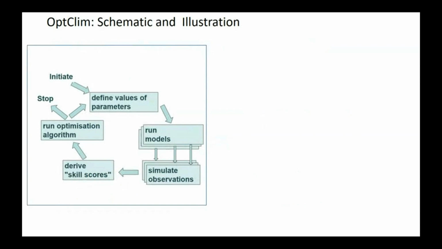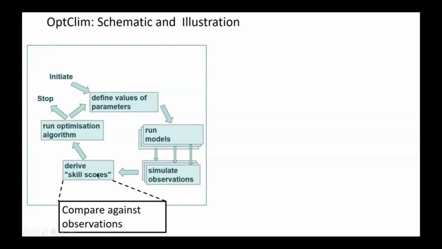So with OPTCLIM, this is the sort of schematic of what happens. We begin by defining values, and the OPTCLIM software defines starting points for these parameter values. The OPTCLIM software then determines the values to be used in several model runs, and these runs then generate data from which we can calculate simulated observations and compare them against observation.